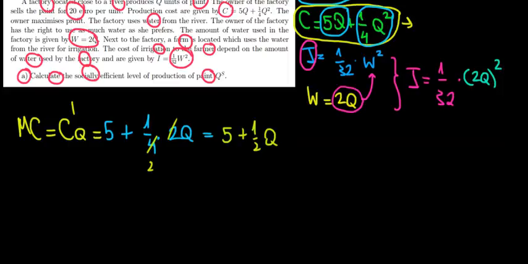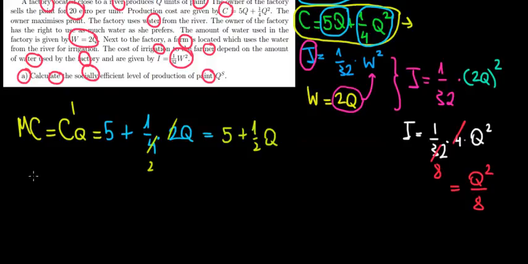Now, how does the math work out over here? Let's see. The irrigation cost would be equal to 1/32 times 2 squared, that's 4, multiplied with q squared. 1/32 times 4 is equal to 1/8. So this one and this one cancel out, and that's equal to q squared divided by 8. Now, what's going to be the marginal external cost?